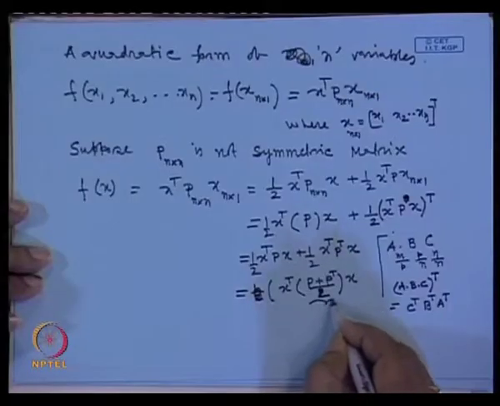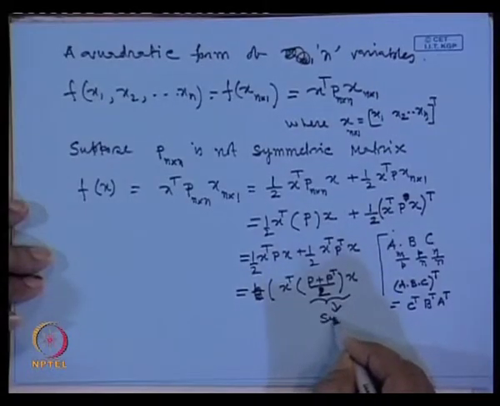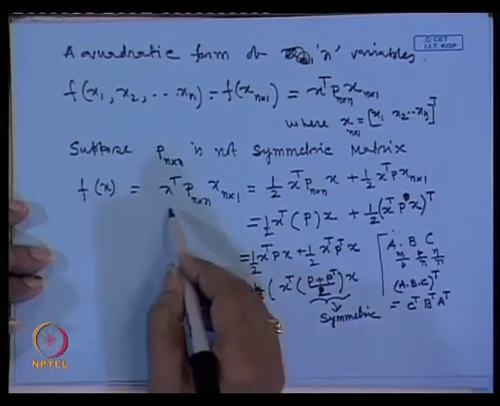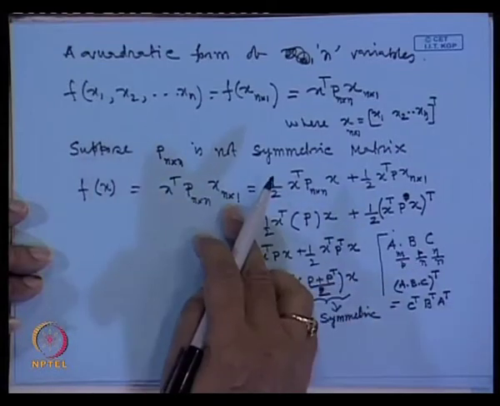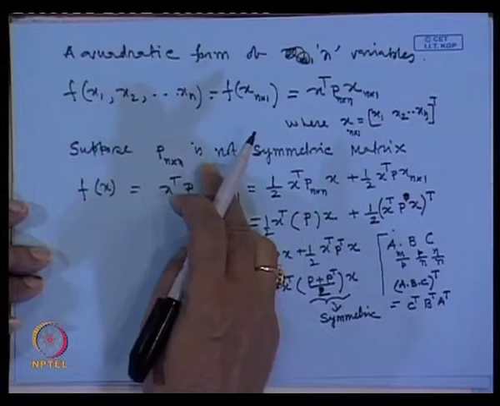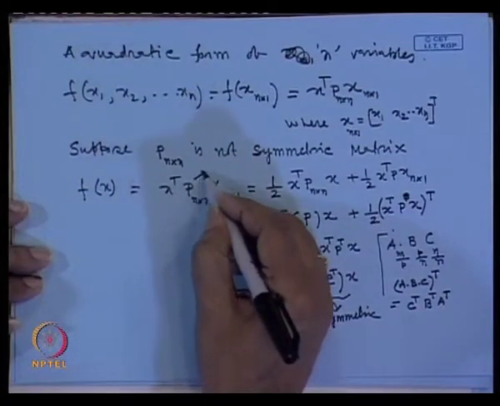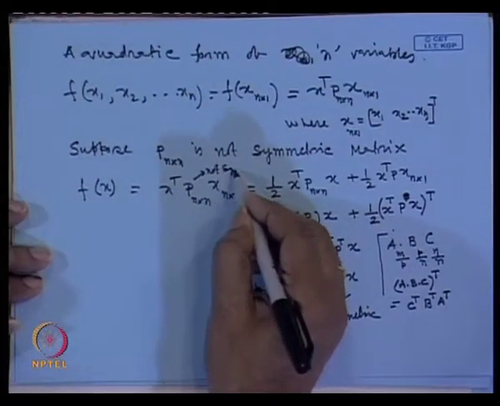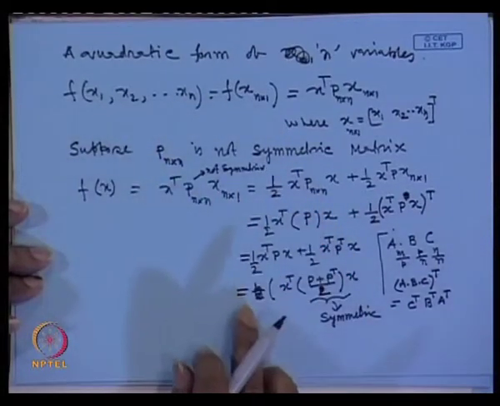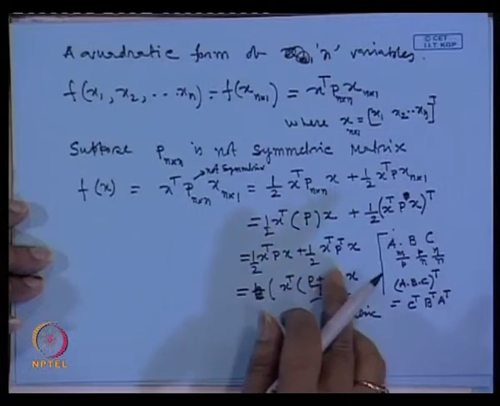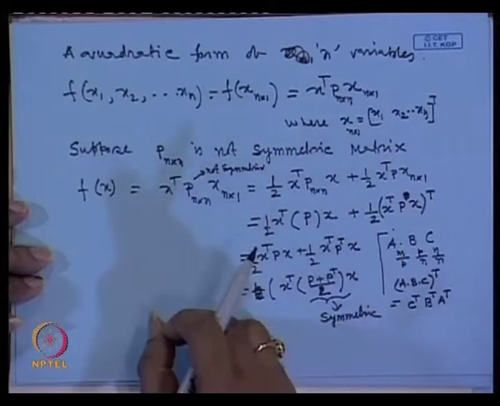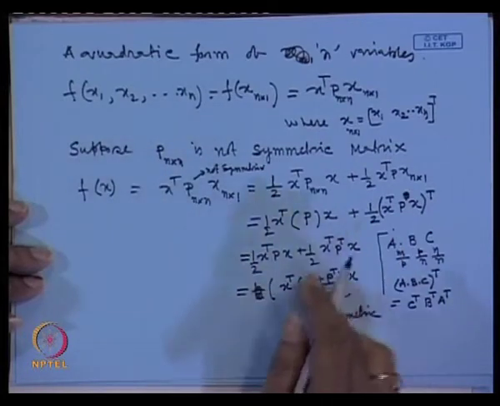So, this is a symmetric matrix. We have derived this from the expression. So, x transpose P x, if P is not symmetric, we can write it as x transpose times P plus P transpose by 2 into x, where this matrix is symmetric.